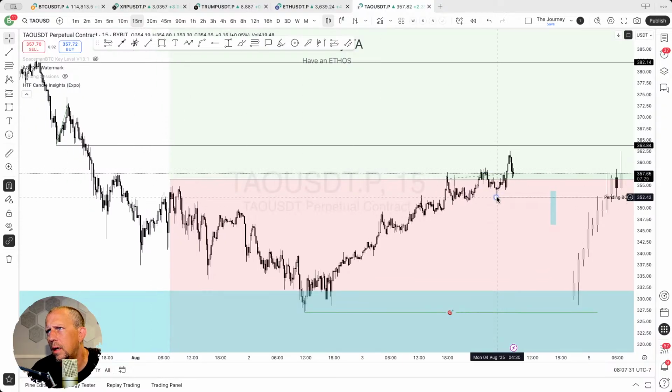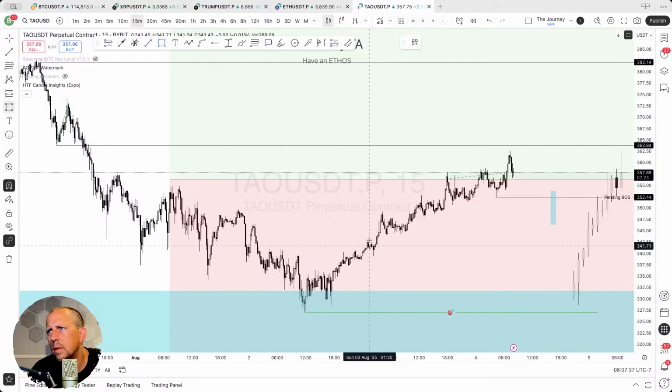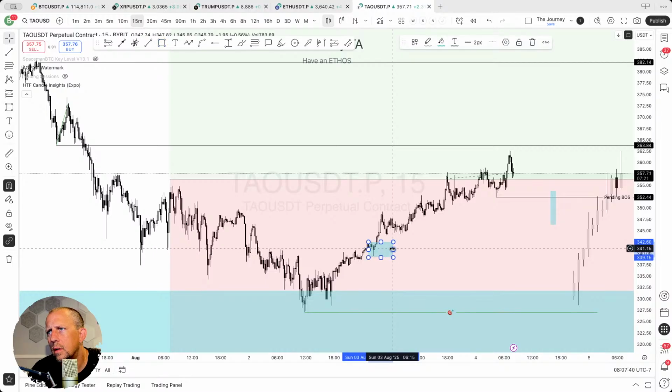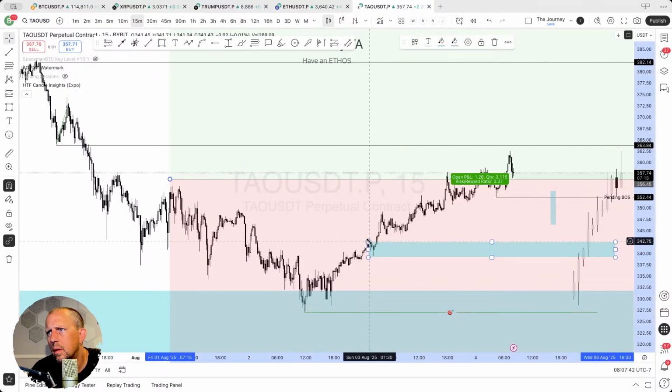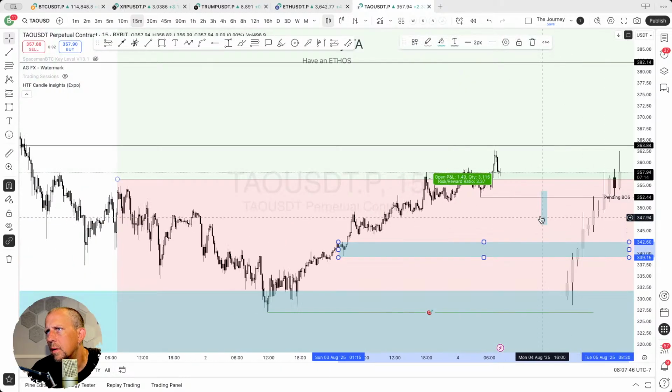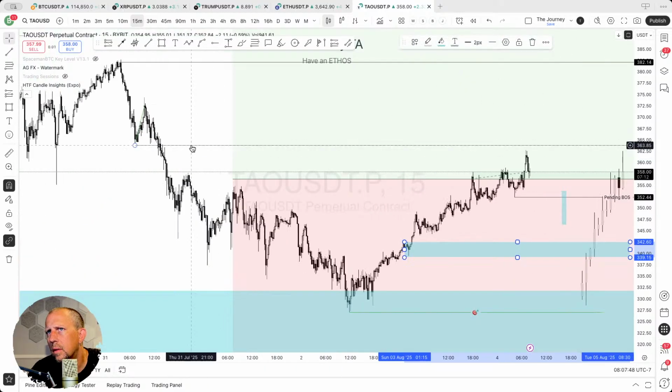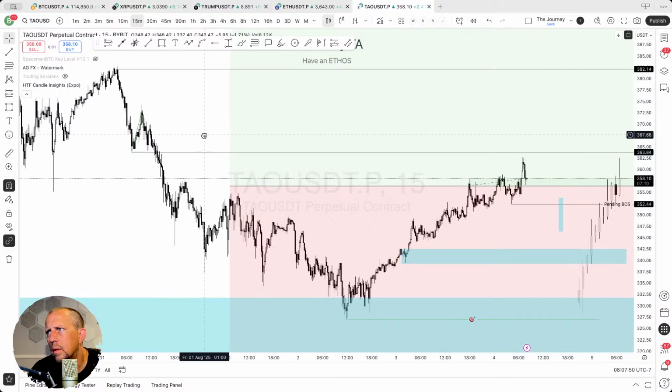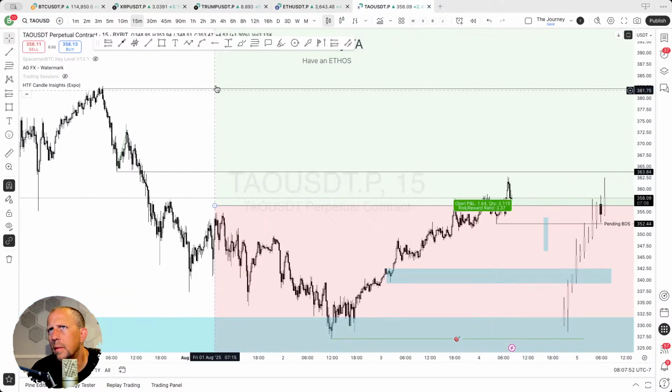And outside of that, a little bit of support down in this area.